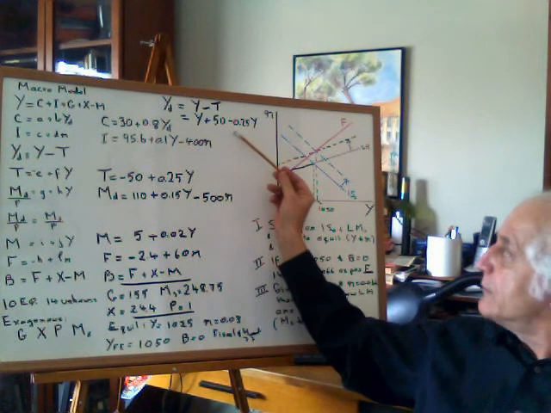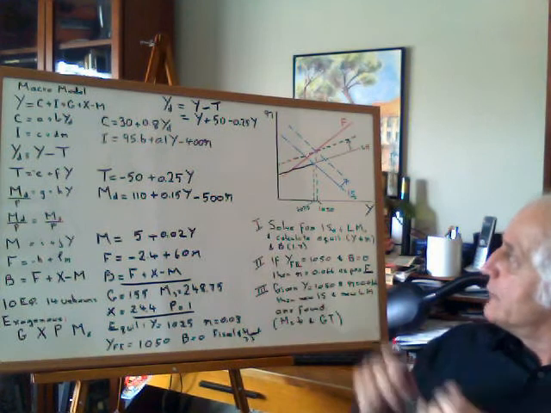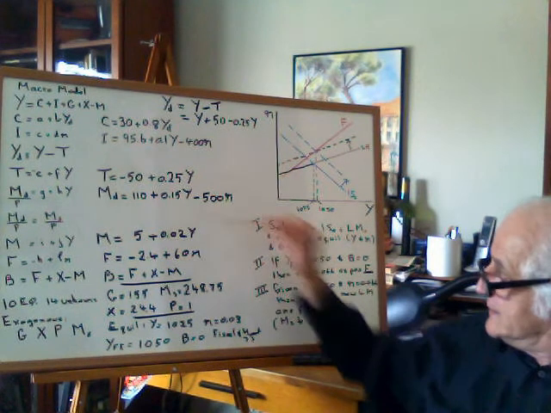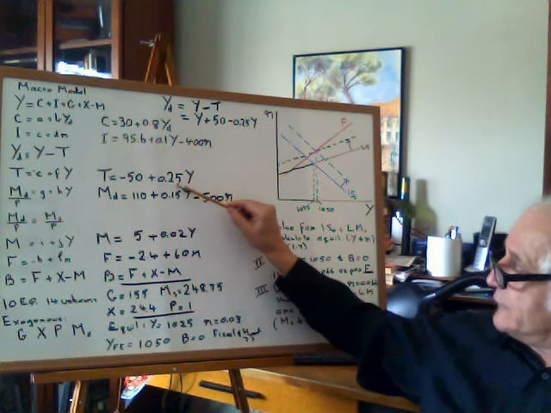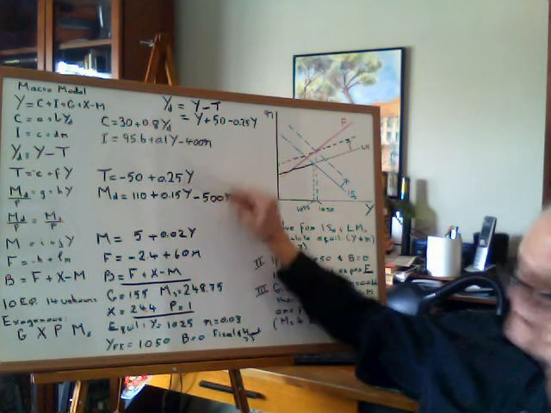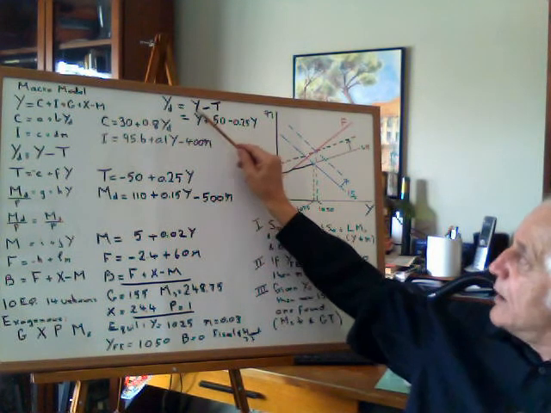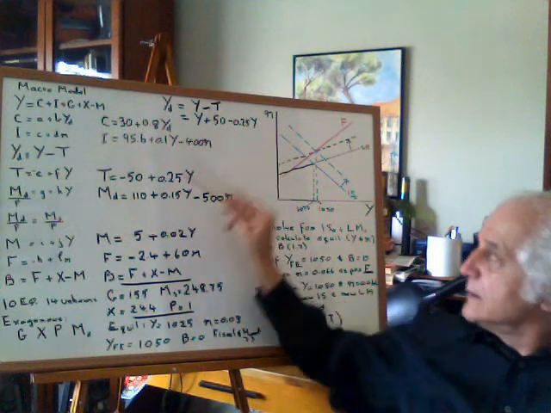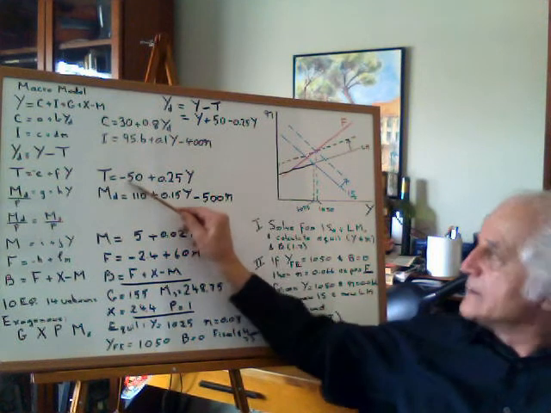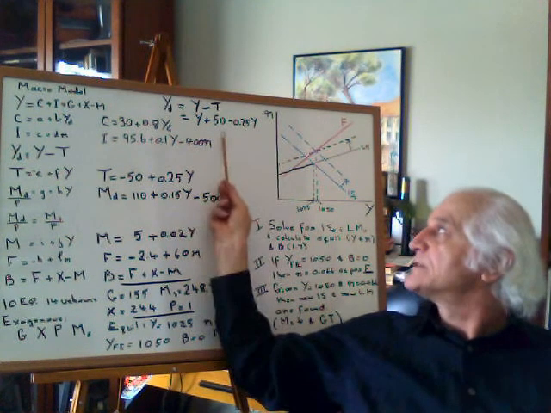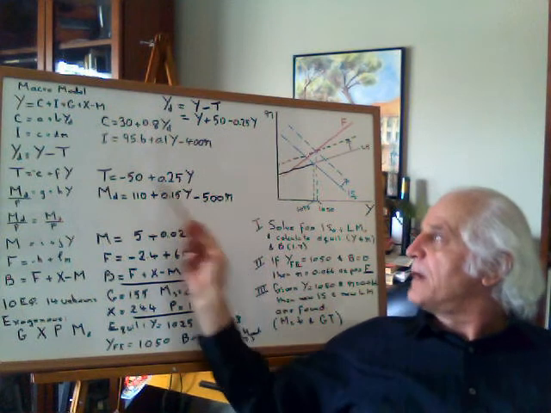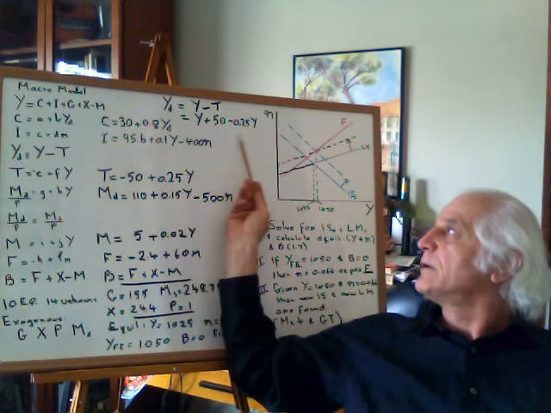I got this from, if you still recall, the fact that T is minus 50 plus 0.25Y. But Y sub D is Y minus T. So it is Y minus minus 50, which becomes Y plus 50, and minus 0.25Y.